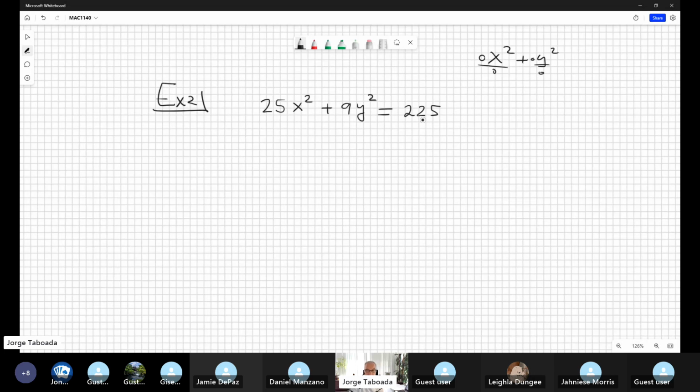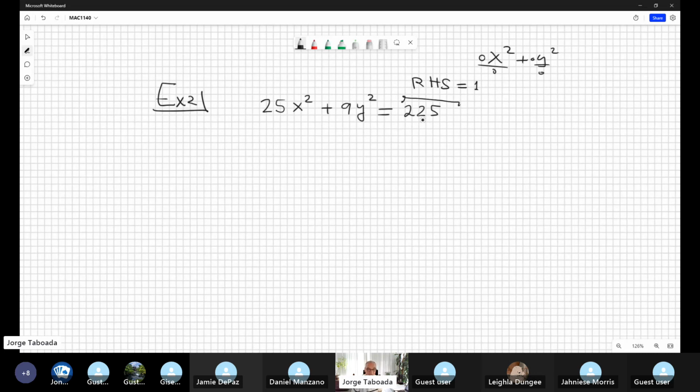But in the problem, this ellipse is not expressed in standard form, because to be expressed in the standard, my right hand side would be equal to 1. This is the standard.